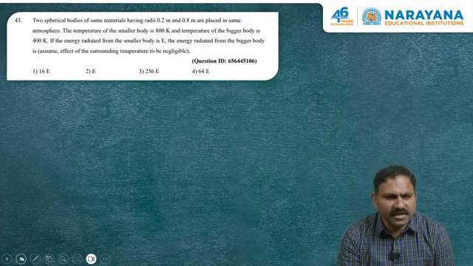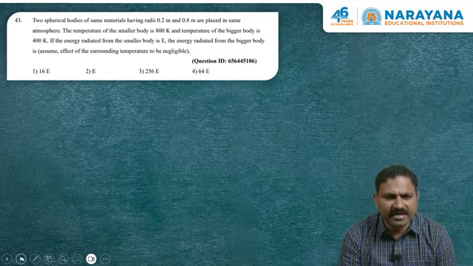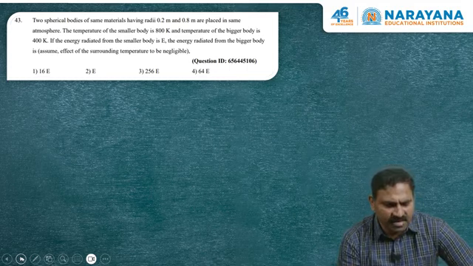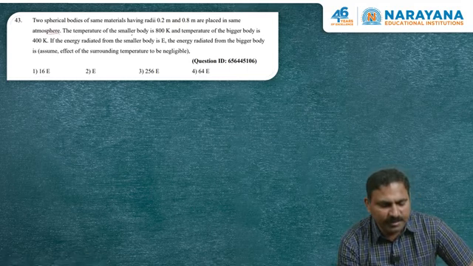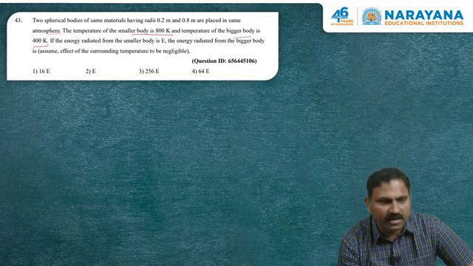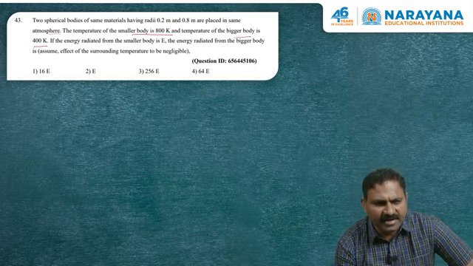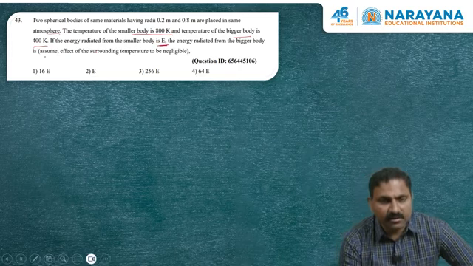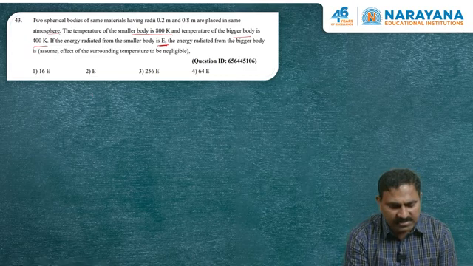Two spherical bodies of same materials having radii 0.2 meter and 0.8 meter are placed in same atmosphere. Temperature of smaller body is 800 Kelvin and temperature of bigger body is 400 Kelvin. If energy radiated from smaller body is E, then the energy radiated from bigger body. So in this case we need to apply Stefan's law.